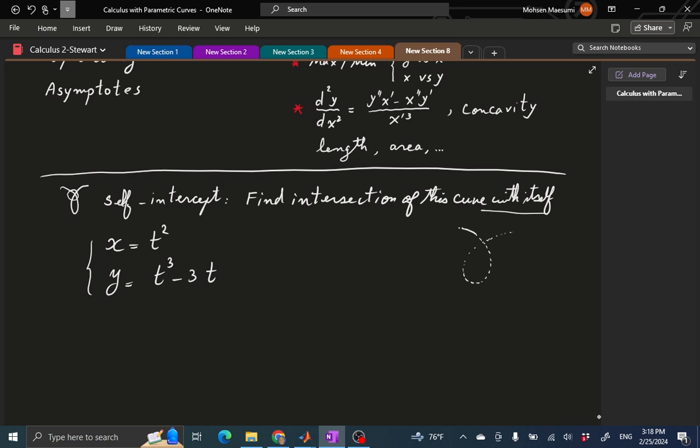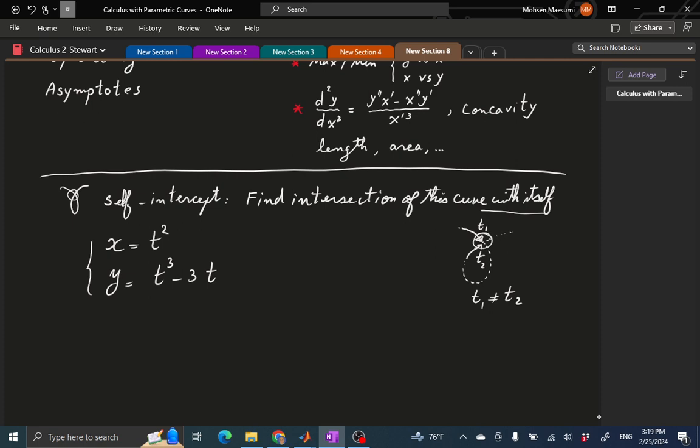So when we were going in this direction, at some point we have arrived at this point at some time T1, and then we go around and come to the same point at some time T2. And of course T1 and T2 are different. At some later time we are coming to that point, and that is where we have an intersection.